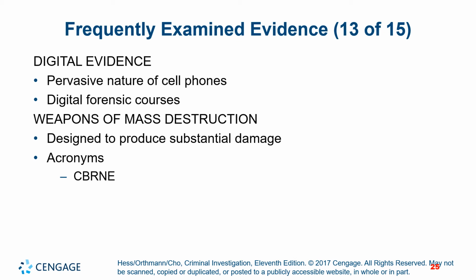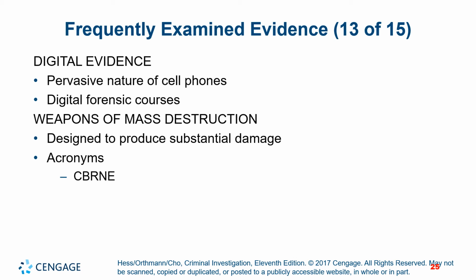One of the most common and important acronyms you need to remember is what are generally known to be weapons of mass destruction, and that acronym is CBRNE, and this is an acronym for chemical, biological, radiological, nuclear, and explosive materials. These materials are extremely dangerous and can hurt many people. When they're used on purpose, CBRNE materials are weapons of mass destruction.